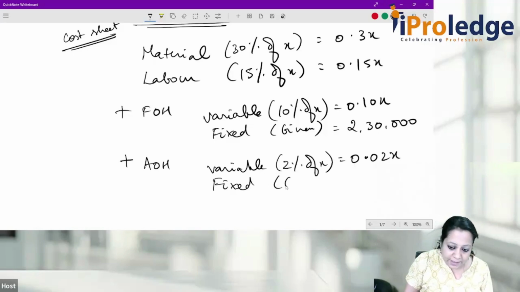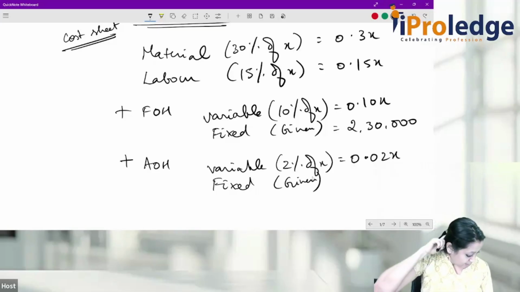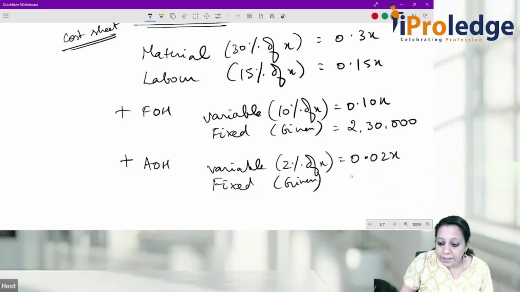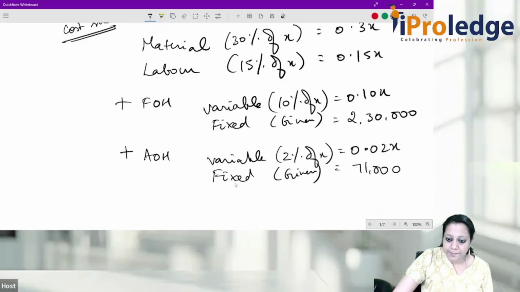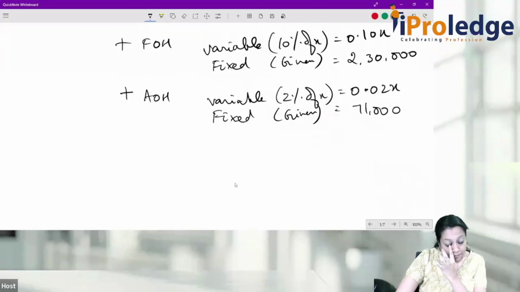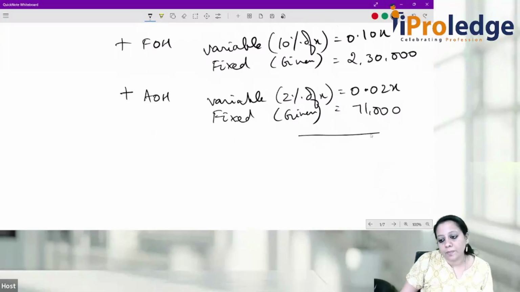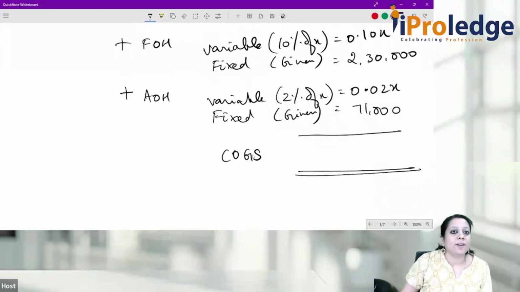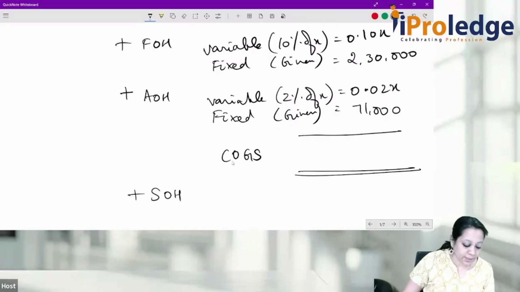Fixed is given to us as 71,000. Selling overheads I cannot add to COGS, so selling overheads here we will add later.